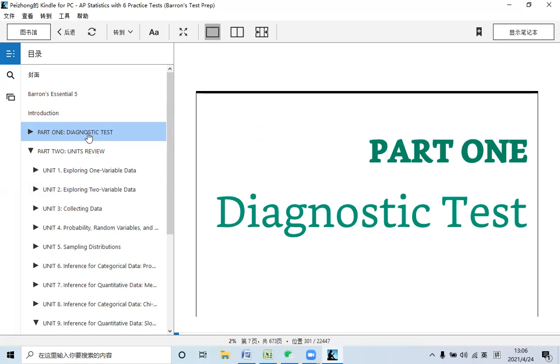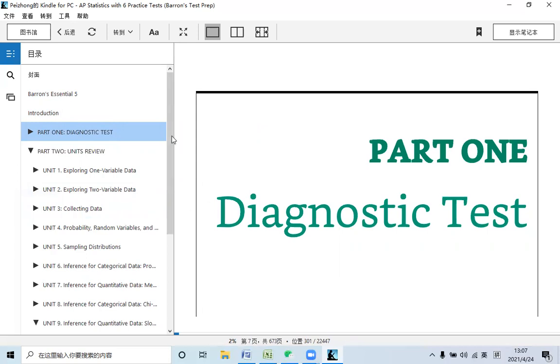So let's get some tasks going. I would suggest you start from the book. The book has 6 sets of complete questions, and you should do all of them.